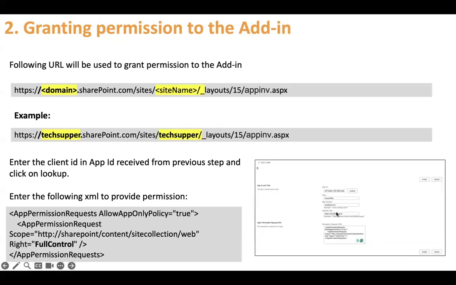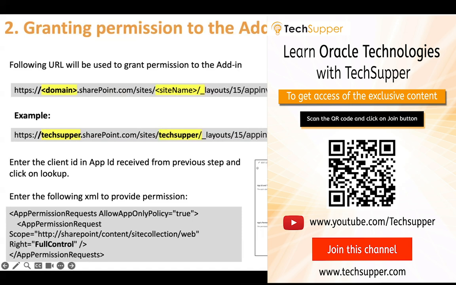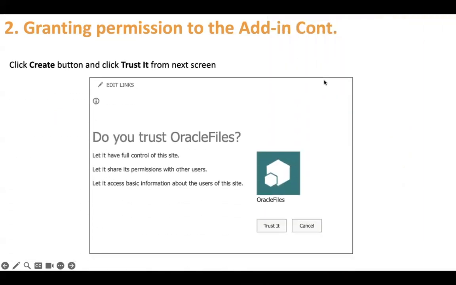When you enter the app ID and click on lookup, it will fetch all the other details that you entered in the first step. You simply need to provide the XML to give permission and click on create. It will then show this screen: do you want to trust Oracle files, your add-in name? You click on Trust It from this screen.